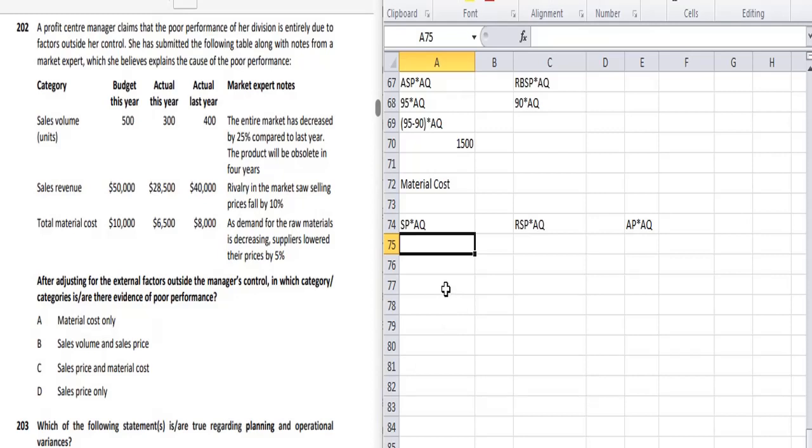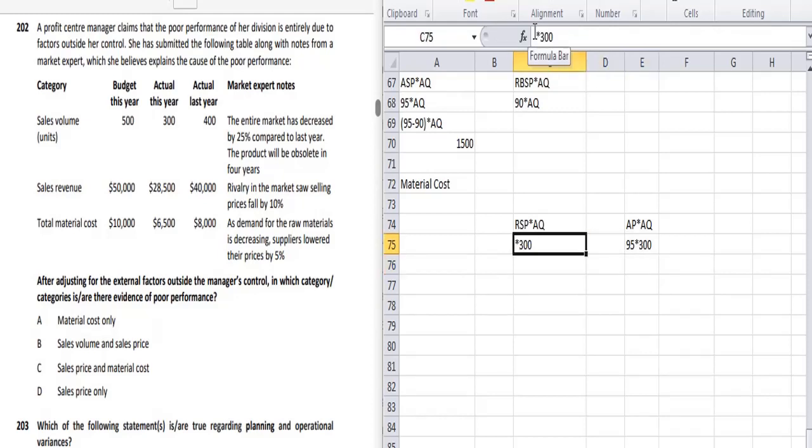Again, the difference between these two is planning and these two is operation, so we can easily omit this part. Now we will do the calculation for this. Actual quantity sold we know is 300, right? So we put 300, and the actual selling price we have also calculated above. Actual selling price was 95.